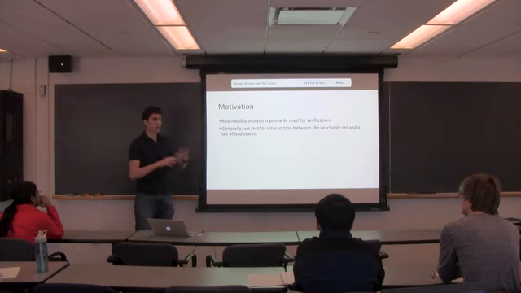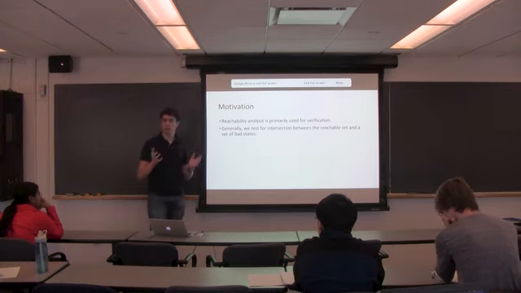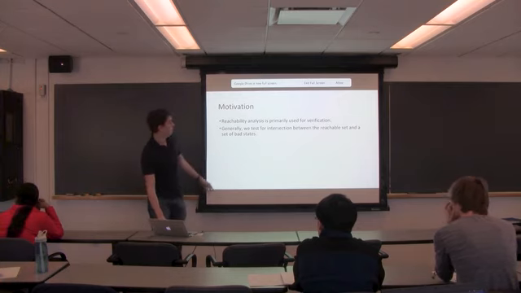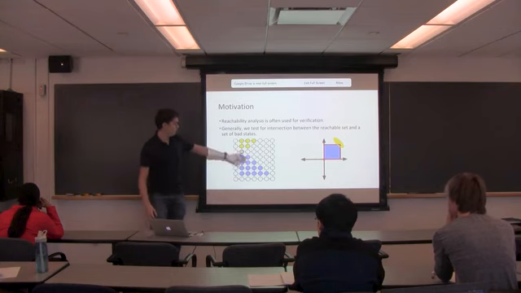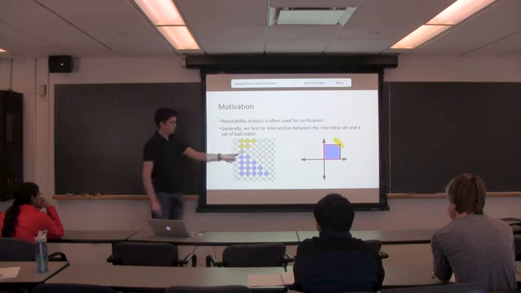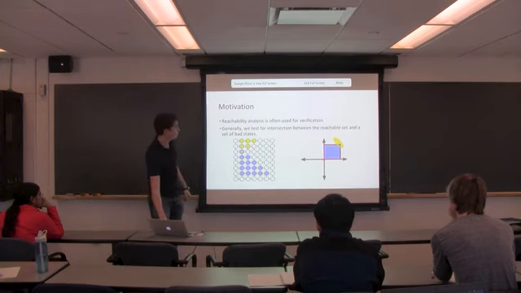So what we do is we compute the reachable sets, and we check for intersection with the bad states to see if the microwave is on and open, or like over here. Let's say we have these obstacles. Let's say we have a wall or some other obstacle over there. This is bad, right? Because we can reach this state and it's the same as a wall. Okay? Any questions so far? Feel free to interrupt me anytime.